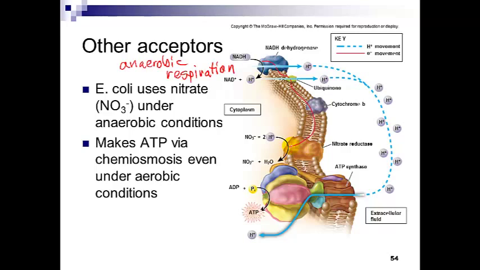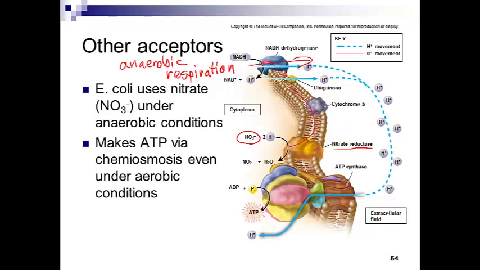The way it can do that is it can use nitrate as the final electron acceptor, due to the enzyme nitrate reductase. Complex 1, complex 3, and complex 4 is the one that's different, the one that reduces the final electron acceptor. What this allows for is the continuation of an electrochemical gradient.